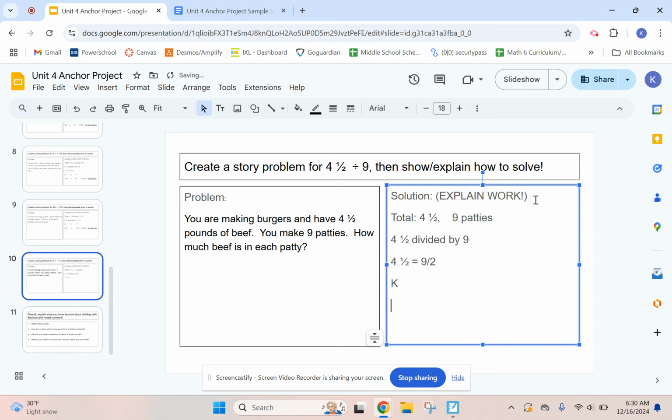So now let's do our keep, change, flip. 9 over 2. Change to multiplication. And flip. 9 over 1 becomes 1/9.